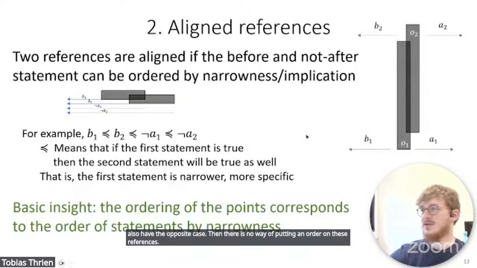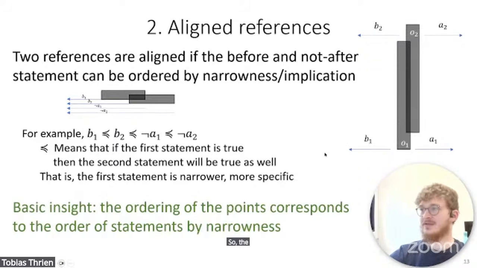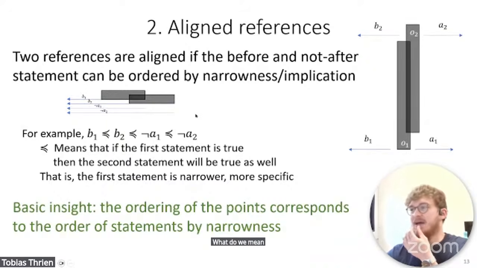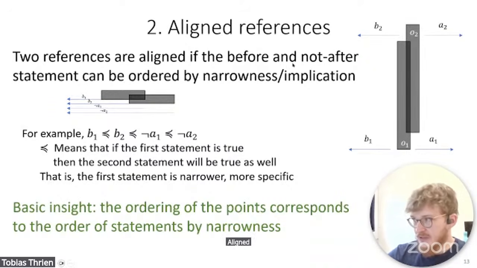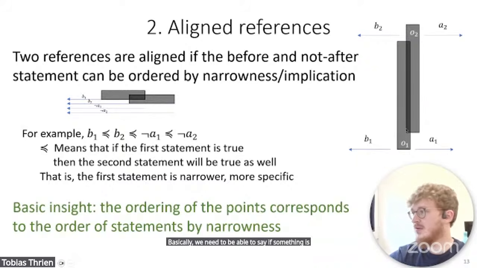So the next step is to require that these references are aligned. What do we mean by aligned? Basically, we need to be able to say if something is before one reference, then it is not after the other.